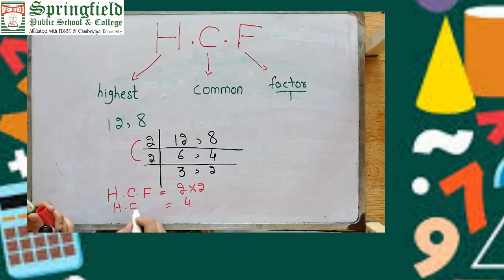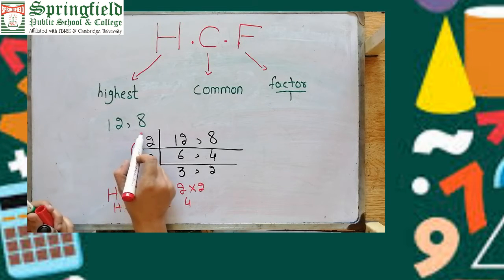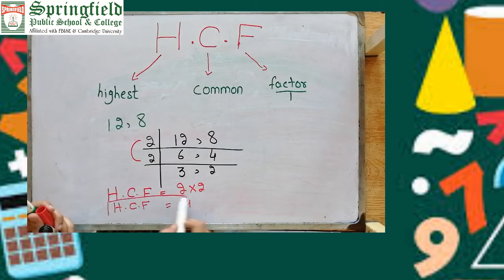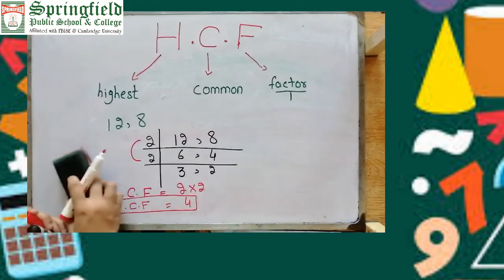It means the highest common factor is equal to 4. 4 is the highest common factor of 12 and 8. Fine, beta? In both cases your answer should be the same.